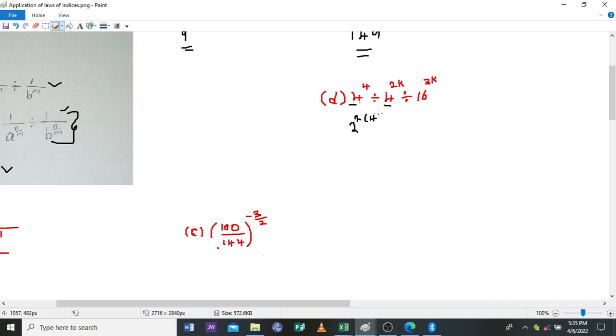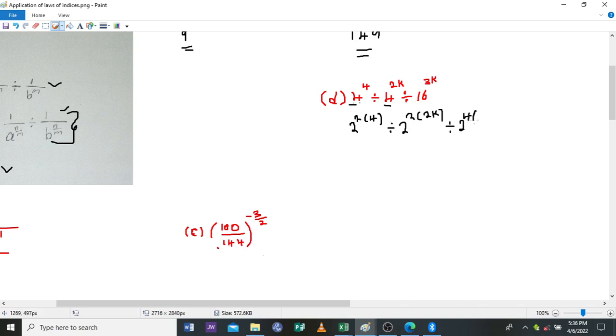So 4, the first 4 can be written as 2 to the power 2 and then raised to that power 4. And the second one can be written as 2 to the power 2, right, now raised to that power 2k, which we have to multiply, right? Then we are going to have again divide by 16 can be written as 2 to the power 4, right?